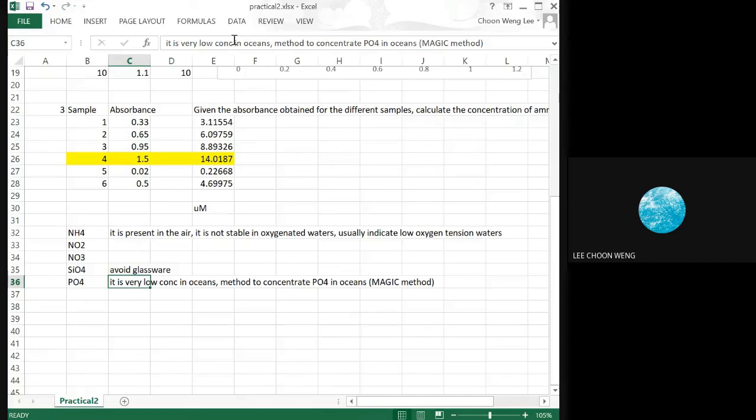We'll use plastic bottles. We'll use micropipettes where possible. Avoid contamination from glassware because during the analysis itself, sometimes silicate can leach from the glassware and contaminate your sample. So when measuring silicate, avoid glassware.